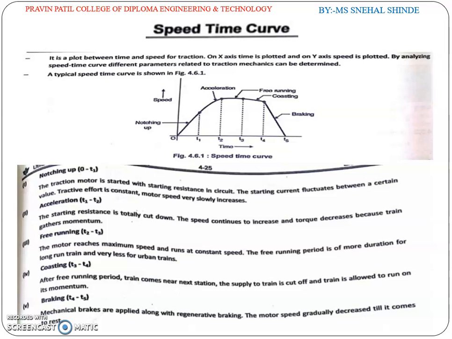The coasting and braking are governed by the train resistance and allowable braking retardation respectively, and the actual shape of the speed time curve will differ from the above speed time curve depending upon various factors such as type of the service, gradients of the different length.